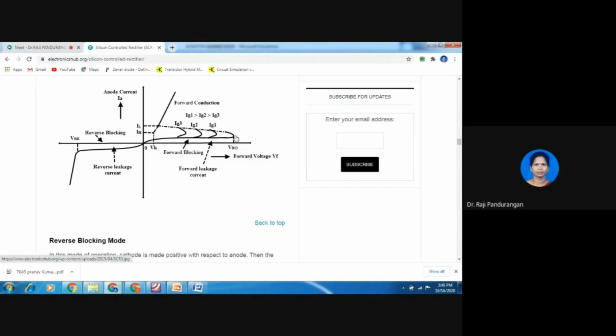After a certain point where it reaches the breakover voltage, you can see the current is initially very less, but it is moving backward. And then if you are still increasing, at a particular point it goes to IL and then starts conducting.